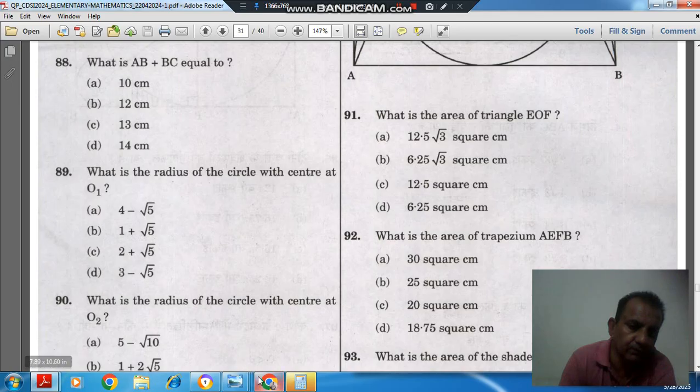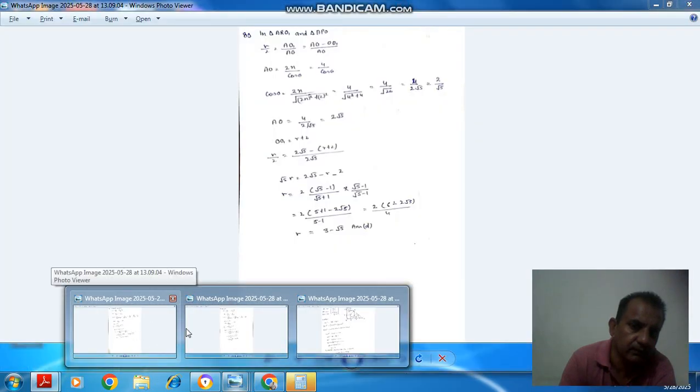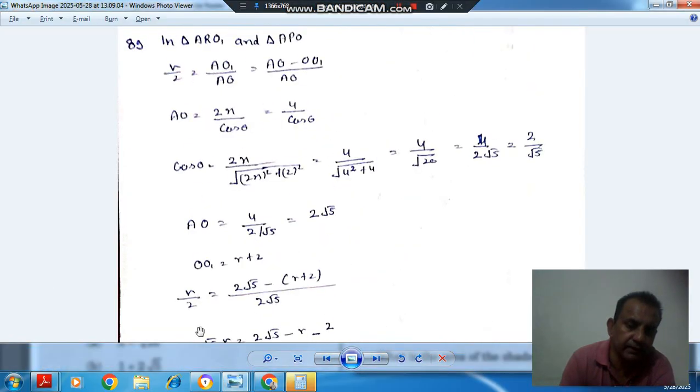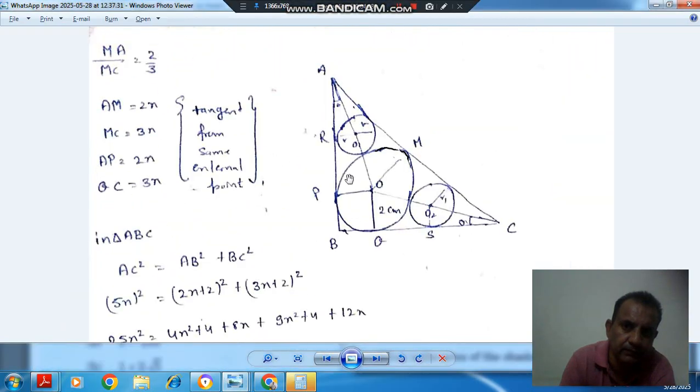Now question number 89 is, what is the radius of the circle with center O1? To find the radius of the circle with center O1, let r be the radius. We can take triangles ARO1 and APO. These are similar triangles.